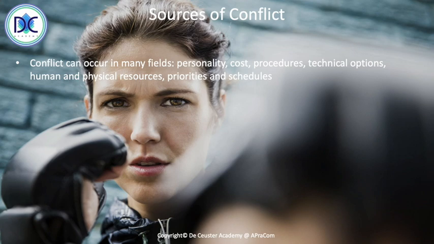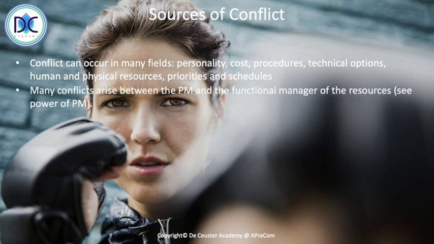There may be some other elements that we can identify as sources of conflict. When we look at the project management relation with conflict, we can see that many conflicts arise between the project manager and the functional manager of the resources when we have in fact a limited power of the project manager.